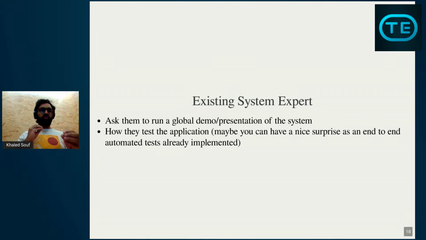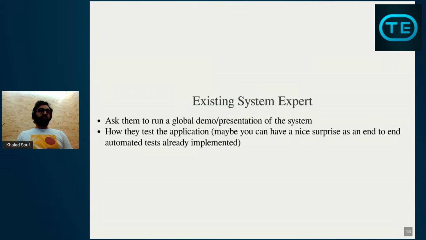You're going to try to learn everything, to understand why we have that feature, and how they actually test the application if they're in a QA role, and how they think a feature should be tested.